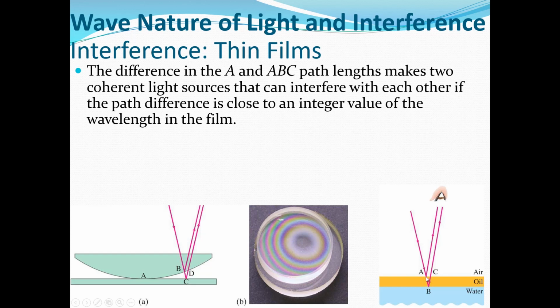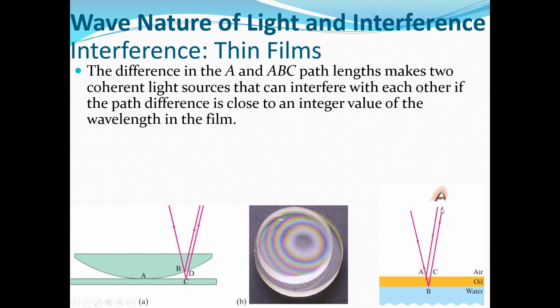The other part is going to be refracted and travel through the oil, and when it strikes the water surface, it will then have a section that bounces back again. When it strikes this surface, most of it will end up coming back out, and we end up having these two light beams coming towards you.